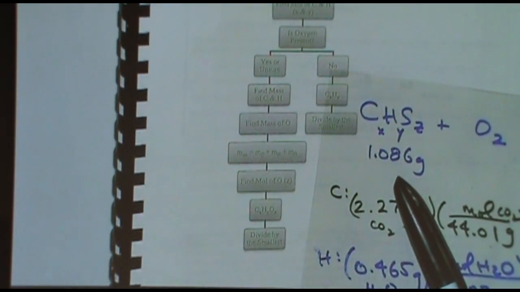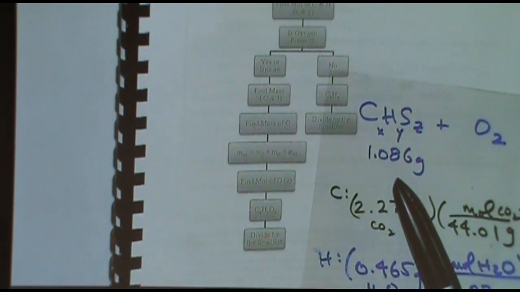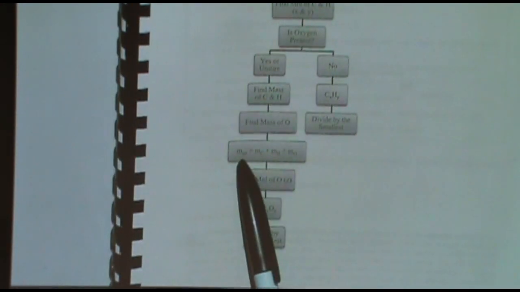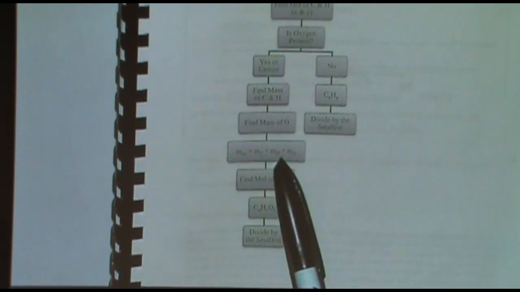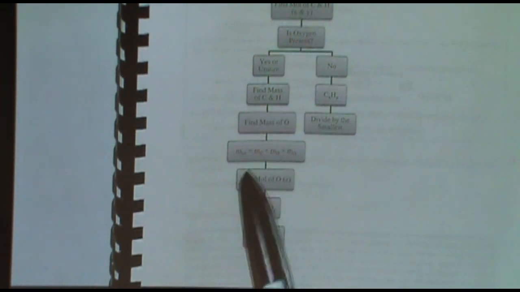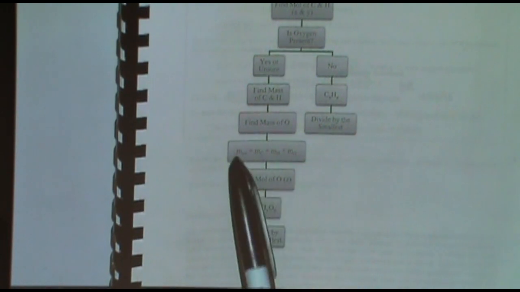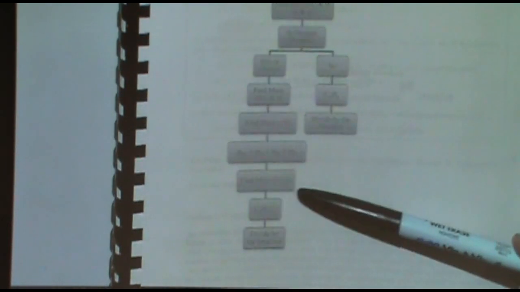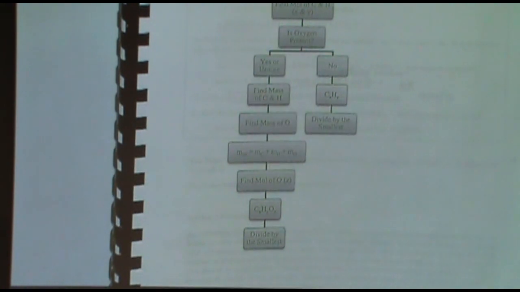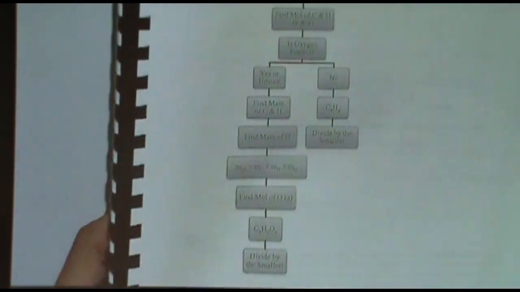It's irrelevant unless there's oxygen. If there's oxygen, that number is this mass total right there. So in that case, you got the mass of hydrogen and carbon and maybe sulfur. And then you got the total mass. You subtract that out, you have the mass of oxygen, convert that to moles. And then that's another subscript. Okay, so make sure you can do that as well. That is a possibility to see on an exam if it's combustion analysis with oxygen.